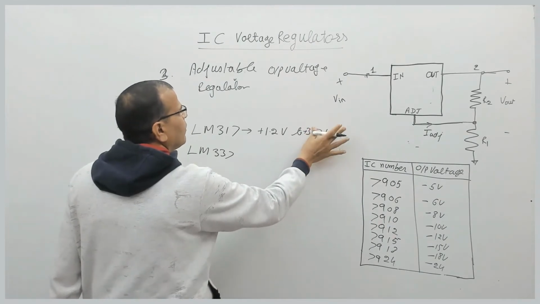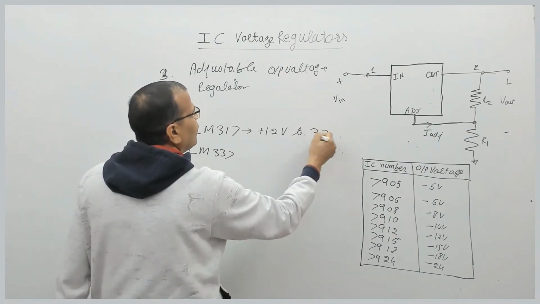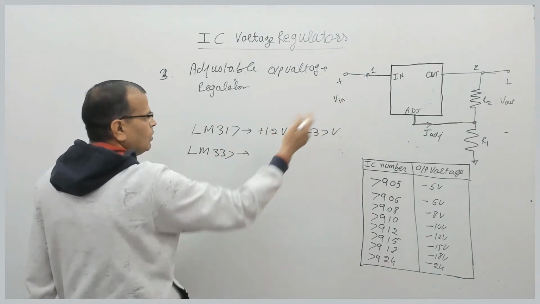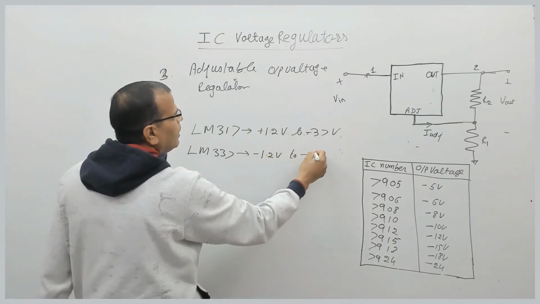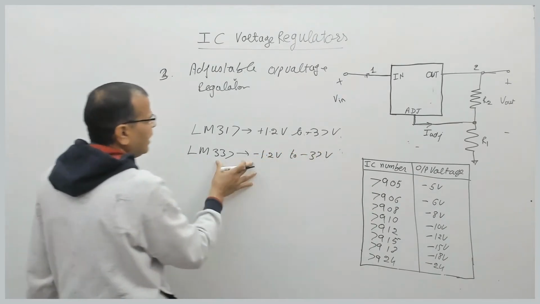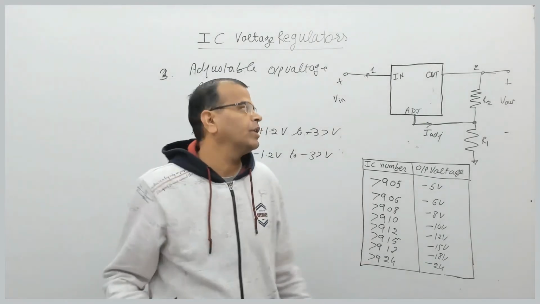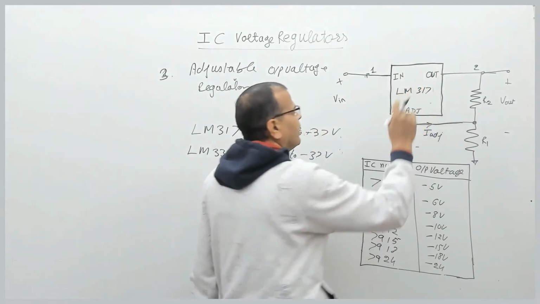This LM337 is again similar to this, but that gives negative voltage. So LM337 is a negative voltage regulator, LM317 is a positive voltage regulator. So let us talk about LM317, right?